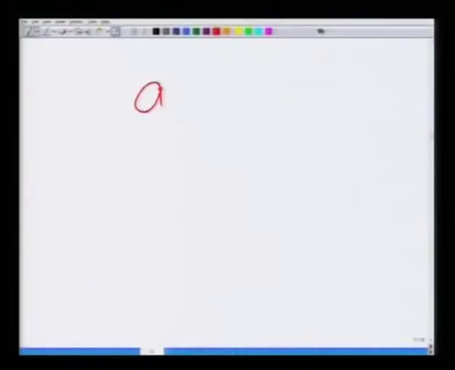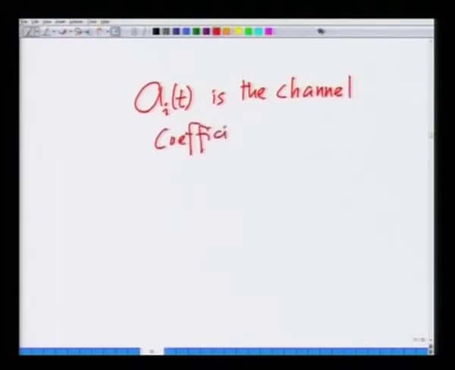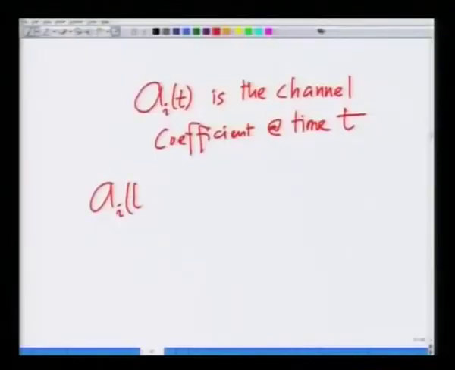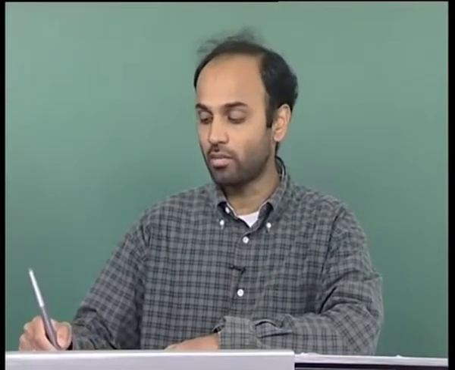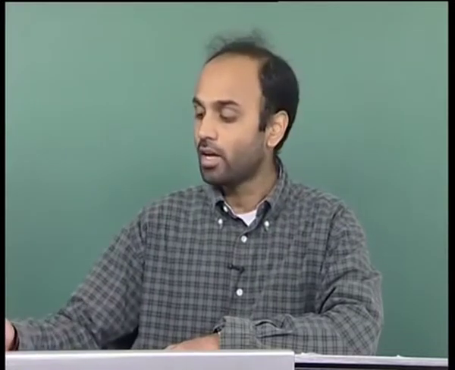Now, what I want to do is compute the following correlation. We know that a_i(t) is the channel coefficient at time t of the ith path, and we also have an expression for a_i(t). a_i(t) is nothing but a_i, which is the attenuation, times e power minus j 2 pi f tau_i, where tau_i is the initial delay, times e power j 2 pi f_d t. We earlier derived this expression.